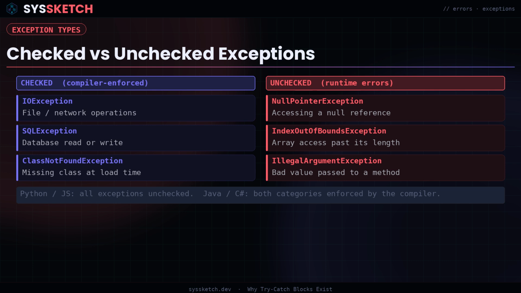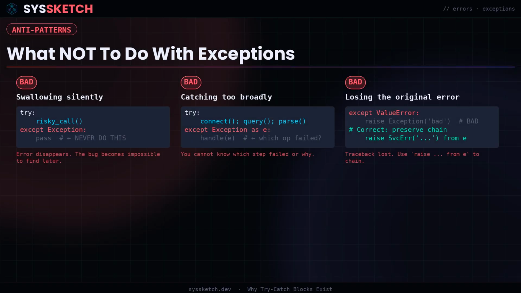NullPointerException and IndexOutOfBoundsException are unchecked. They represent programming errors rather than expected conditions. In Python and JavaScript, everything is unchecked, which gives you more freedom but also more responsibility. The underlying principle is the same in every language. Separate errors that represent recoverable external conditions from errors that represent bugs in your own code.